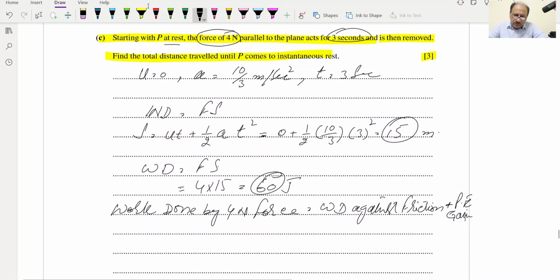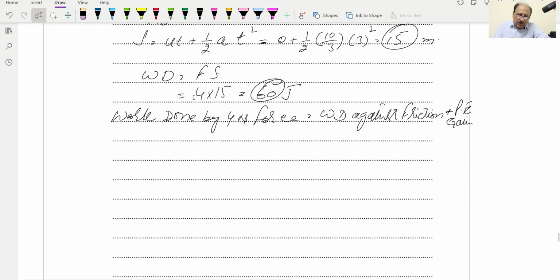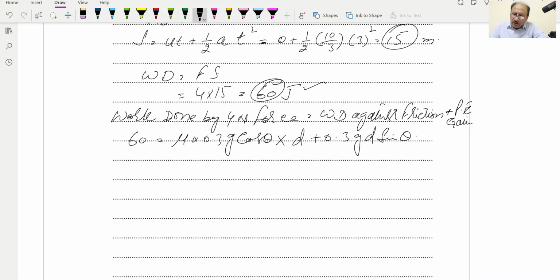We can replace values in this equation. Work done by 4 Newton force we know is 60. This is equal to friction, which is mu and R value, so mu g cos theta into the distance covered d, and plus this will be mu g d sine theta. This will be the potential energy, basically height multiplied by this.